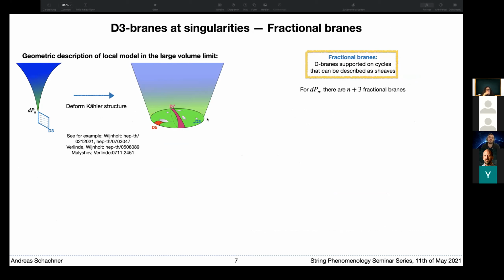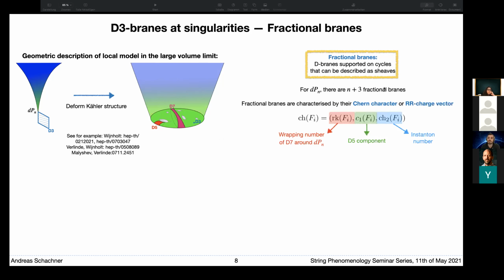And in this large volume limit, the D3 brane splits up into so-called fractional branes, which themselves are bound states of D-branes supported on cycles in this geometry. They can be described through sheaves, but for today's purposes, you can think of sheaves simply as being vector bundles supported on certain submanifolds. And for the del Pezzo surfaces, one needs n+3 fractional branes to describe this single D3 brane probe.